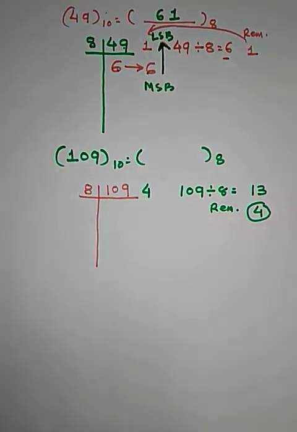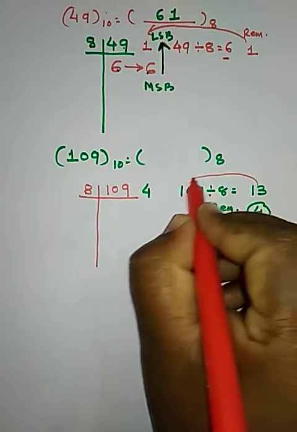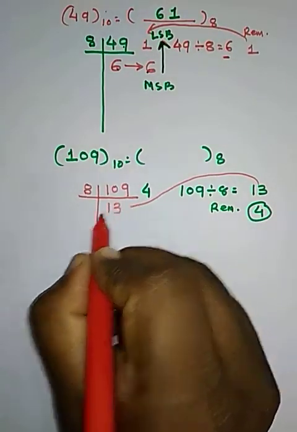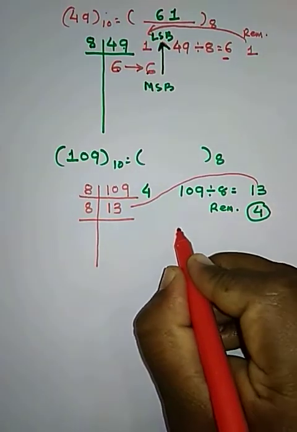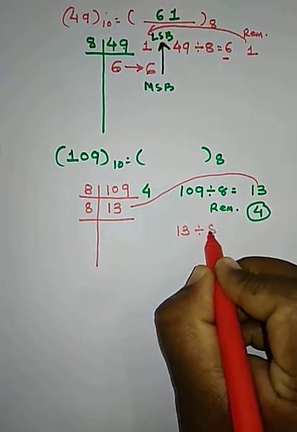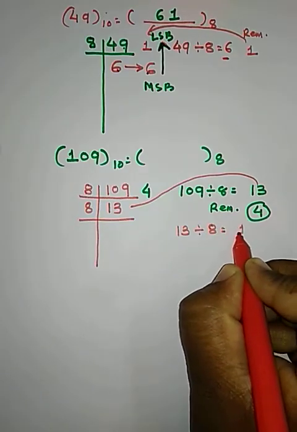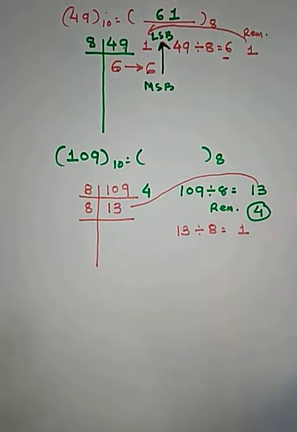Now this number 13 is to be written here. Here is an 8. So 13 divided by 8. Here is a 1. What is the remainder?